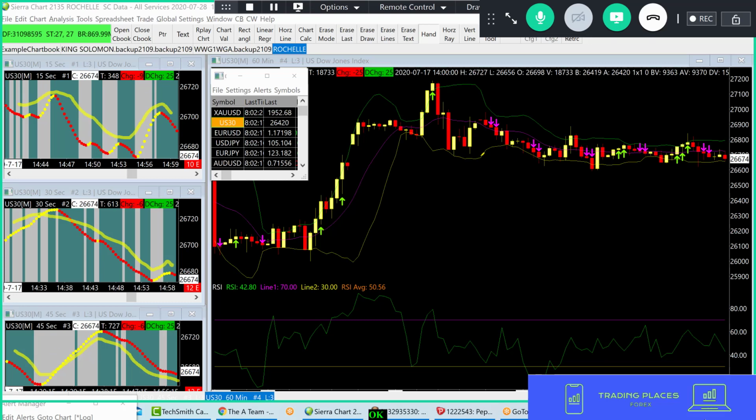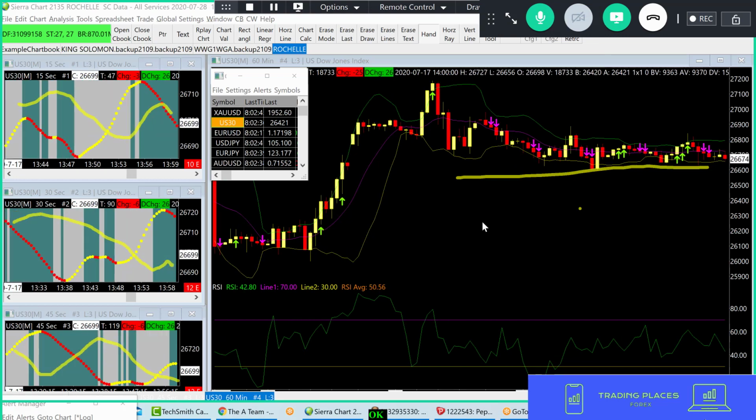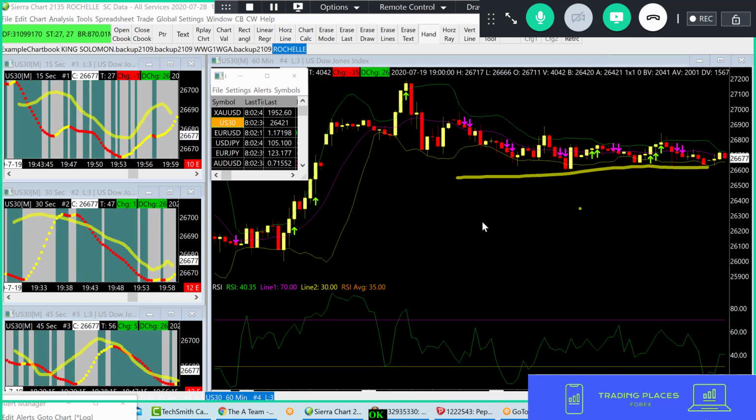But just like scalping and any other thing that we use, technical analysis, you have to find out what the trend is. Here, let me see, there really is no trend. It's just kind of moving flat, right? So let's move this forward a little bit. Let's look for a trend.